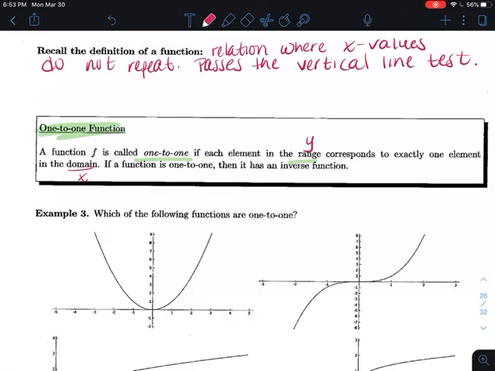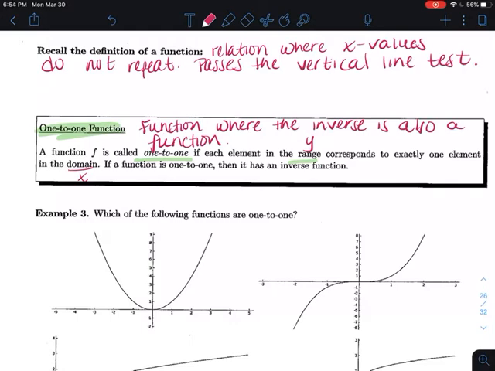To put it in simple terms, a one-to-one function is a function where the inverse is also a function. So it's a function to start off with, and then if I find the inverse, it is also a function. That means it will pass the vertical line test.